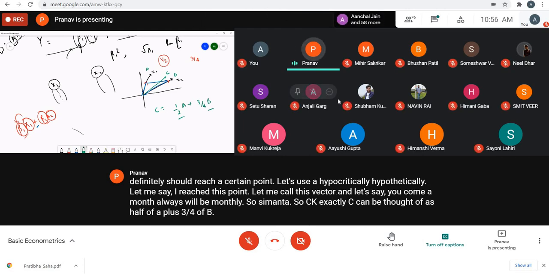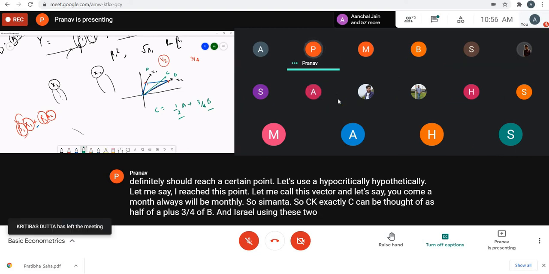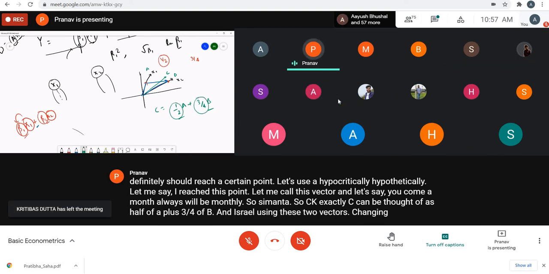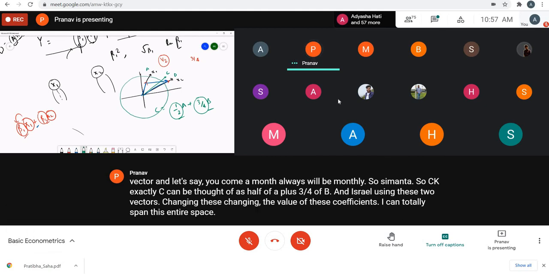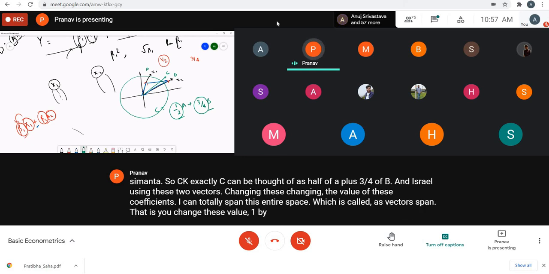And इस तरह, using these two vectors, changing the value of these coefficients, I can totally span this entire space, which is called vector span. That is, you change this value 1/2 को आप -1/2 करो तो ये वेक्टर इस डायरेक्शन में चला जाएगा.